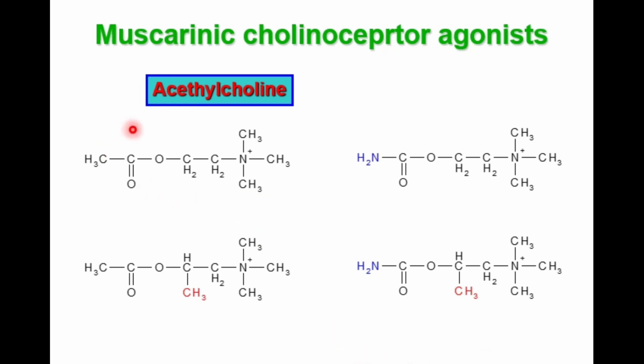This is the structure of acetylcholine. If this methyl group in here is replaced by an amine group, this compound is called carbachol.